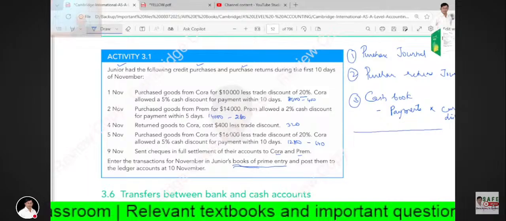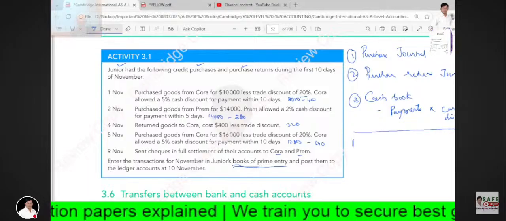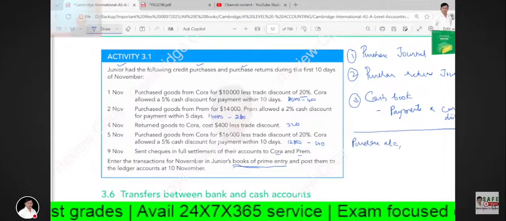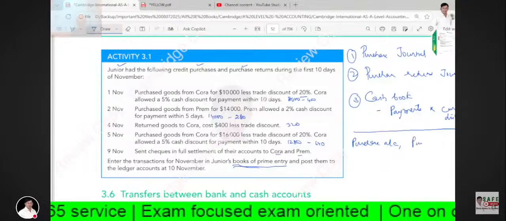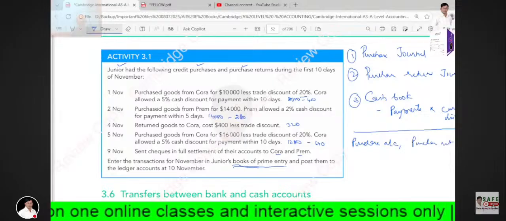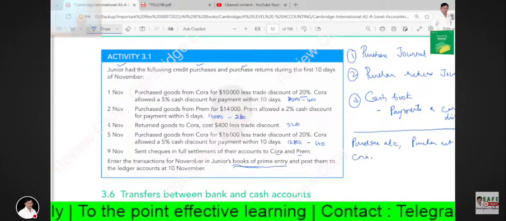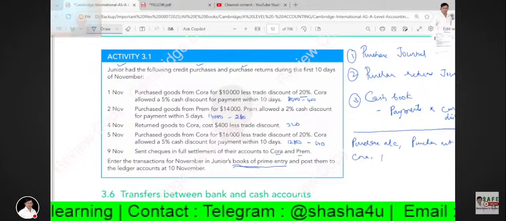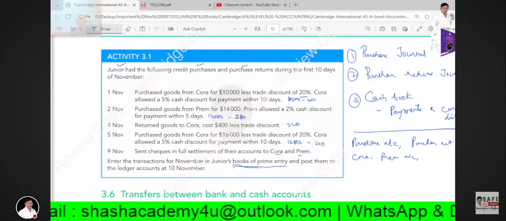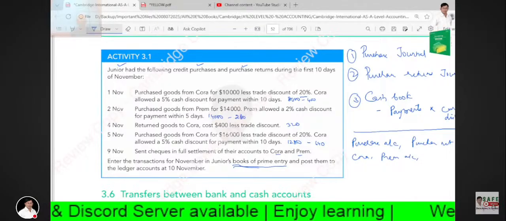And post them to the ledger accounts. How many ledger accounts are there? Purchase account. Remember, purchase account is different from purchase journal. Then purchase returns account, Cora account, Prem account, and discount received account.